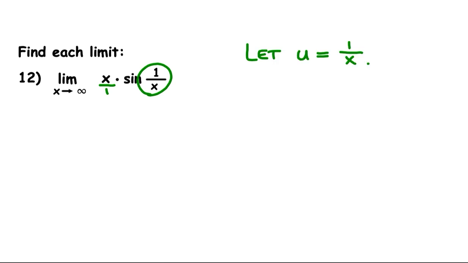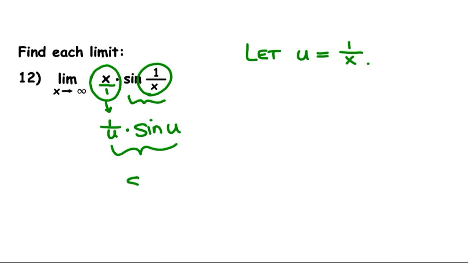So what happens then is we have sine of u. This is x over 1. U is 1 over x. So therefore, this would become 1 over u. In fact, I'm just going to write this as sine of u over u. All right, we're taking the limit as x approaches infinity.